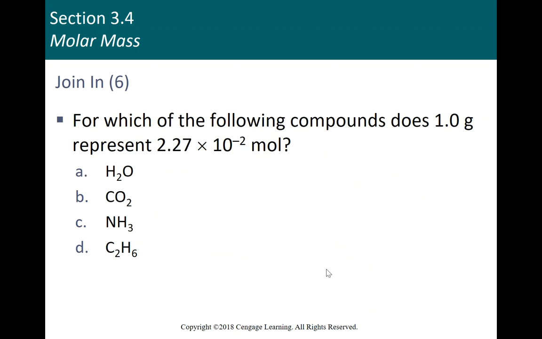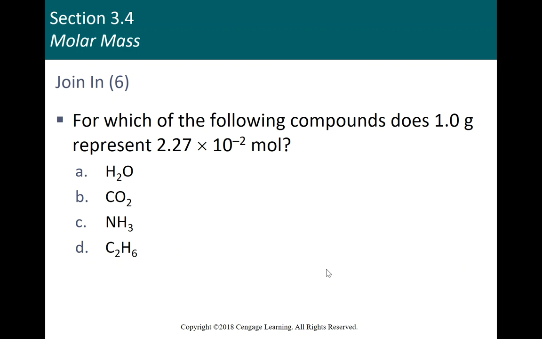For which of the following compounds does 1 gram represent 2.27 times 10 to the negative 2 moles? Normally, to determine moles you would take 1 gram, and then the next step would be 1 mole over the molar mass equal to the number of moles. This time you're just looking for that middle number.